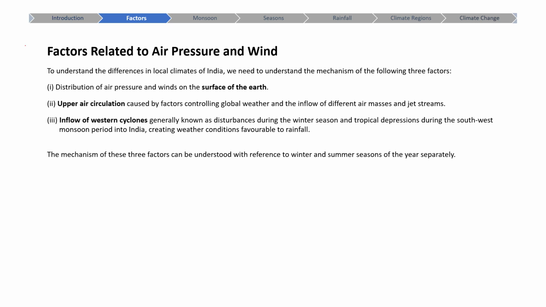Now we'll talk about the factors which are related to air pressure and winds. As we have discussed, the general rule is that if pressure is high here and pressure is low here, winds will move from high pressure to low pressure.